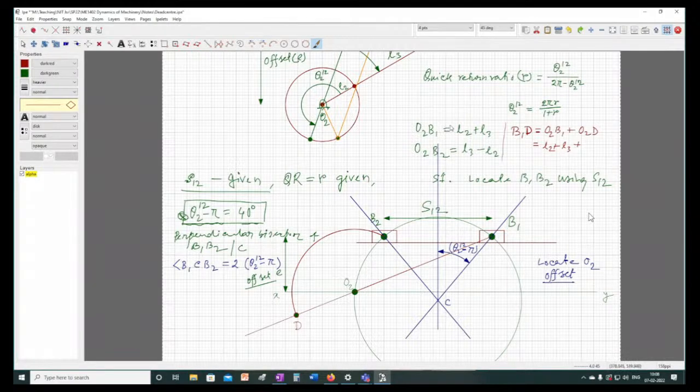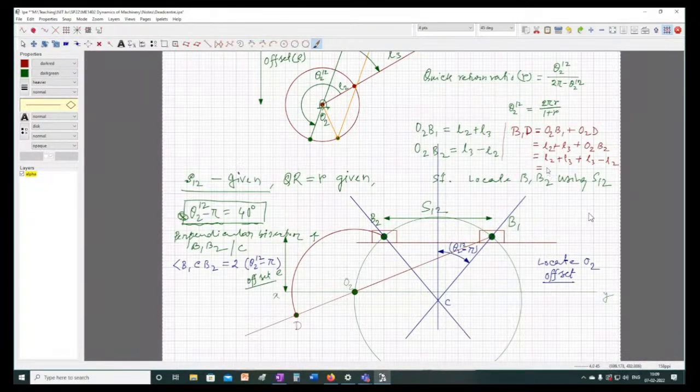Writing L2 plus L3 from here. And what is O2D? O2D is nothing but O2B2, which is L3 minus L2. So finally, what is this distance B1D?